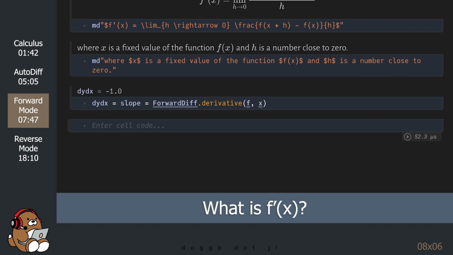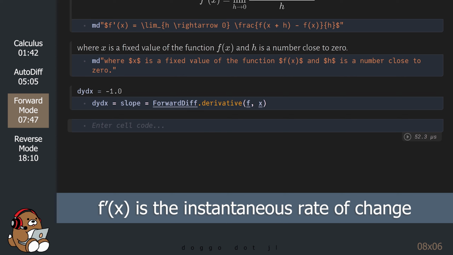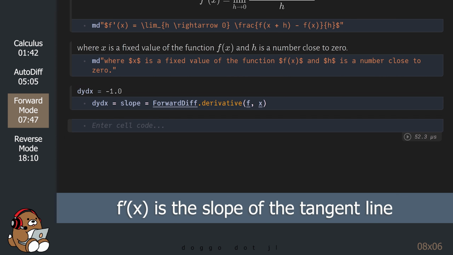Here are a couple ways to think about f prime of x. 1. The value of f prime of x is the instantaneous rate of change. Or 2. The value of f prime of x is the slope of the line that is tangent to the curve at the point x, f of x.